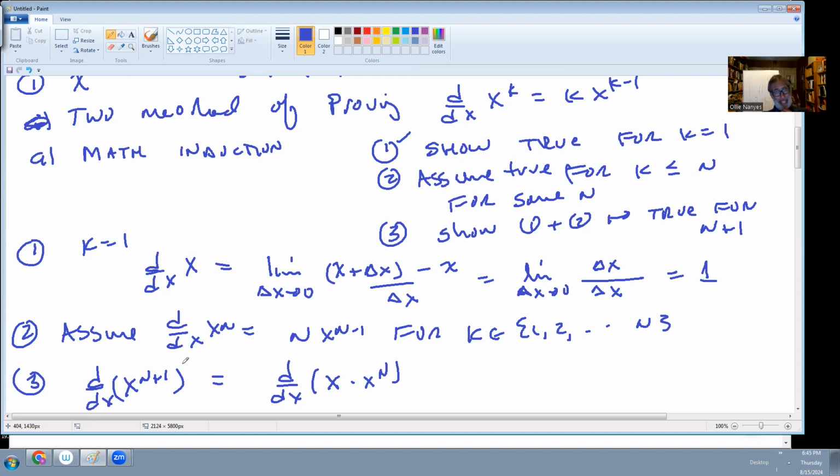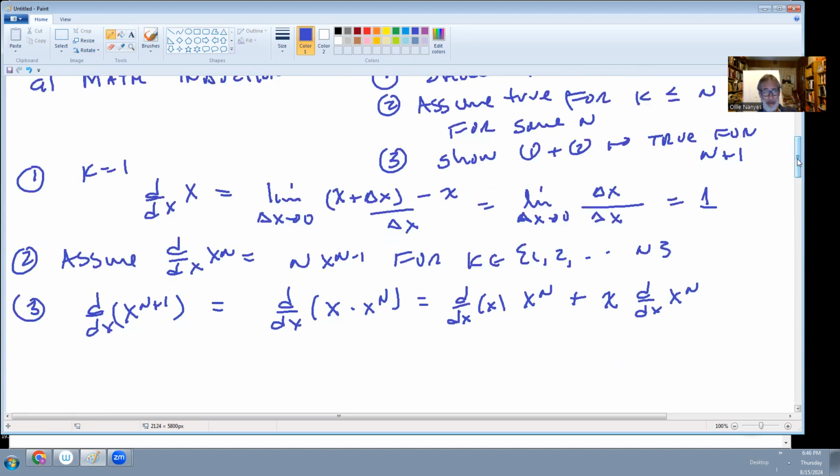The reason you write it that way is that we can use the formula for x to the n, but we can't use it for x to the n plus 1. By the product rule, which you know if you're watching this, it works as follows. The very first one, we've already shown the derivative of x is 1, so that's x to the n. This, by the induction hypothesis, will be n x to the n minus 1.